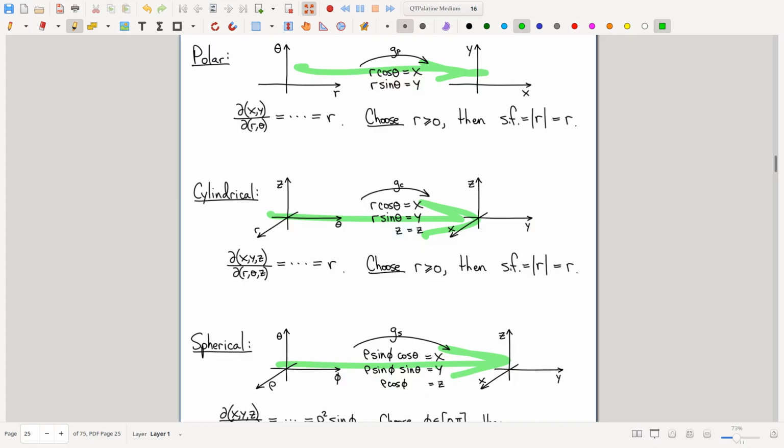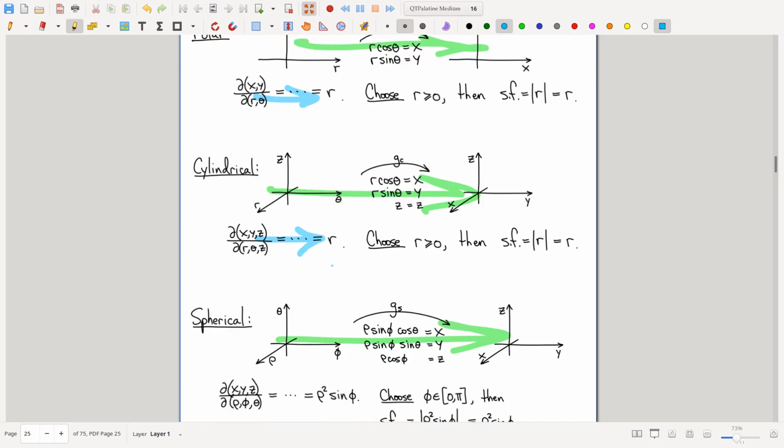We haven't thought of them in this way previously, but they are functions, and you can therefore choose to use them as change of variables functions. In each case, you can compute the stretching factors. Everybody should do these once in their lives. Give it a try. It's not that big a deal.